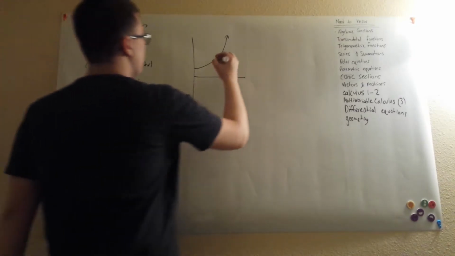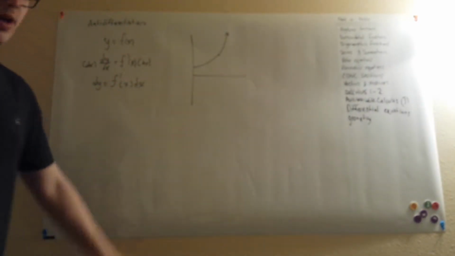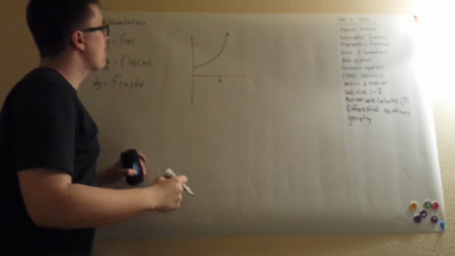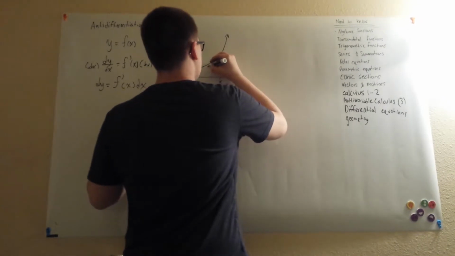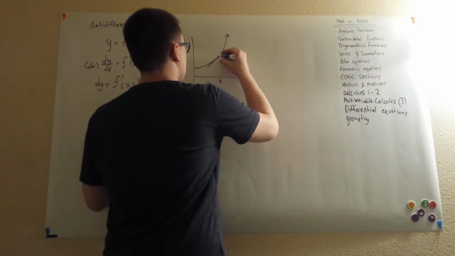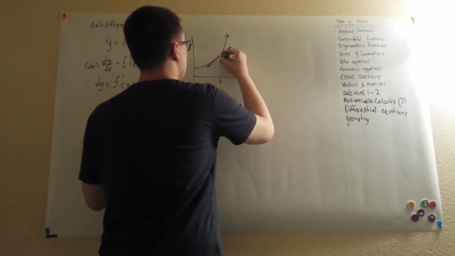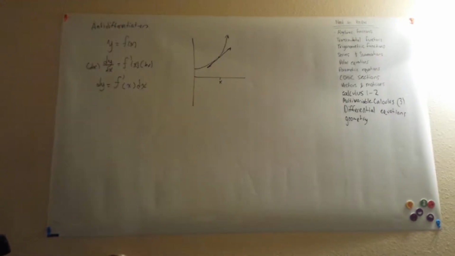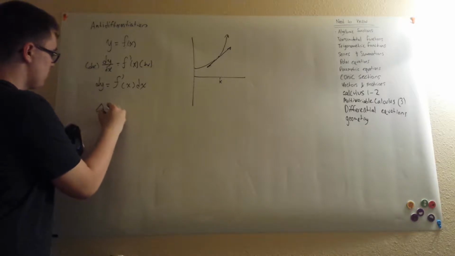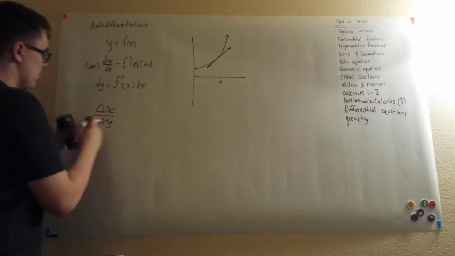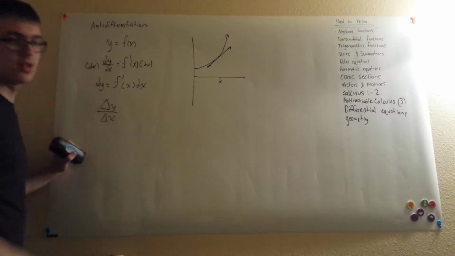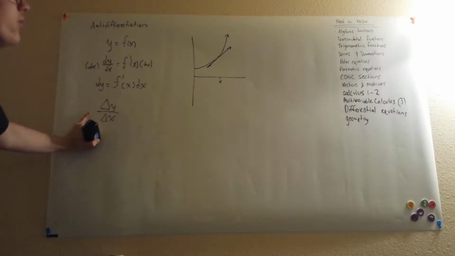And if we were to estimate f prime at that point x, it would be the slope of this tangent line right around here. Now, if we were to estimate the slope, you would use the change in y over change in x, or rise over run, if you learned that in Algebra 1.